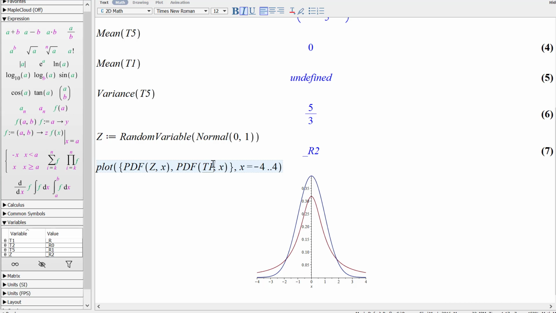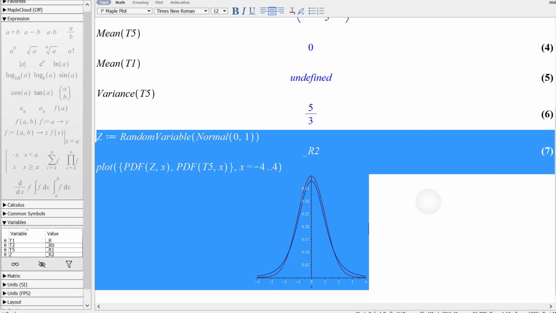If I replace this with t5, the t-distribution with 5 degrees of freedom, you'll see that the t-distribution becomes much closer to the normal. Now there isn't that much of a difference between the normal and the t-distribution. The t-distribution still has a little bit fatter tails and therefore a little bit higher variance.